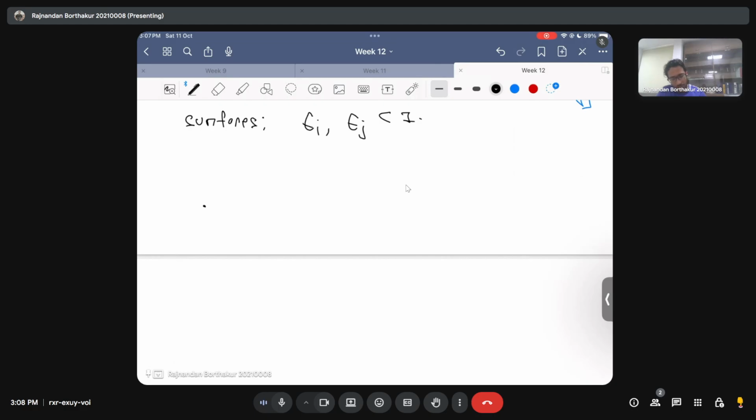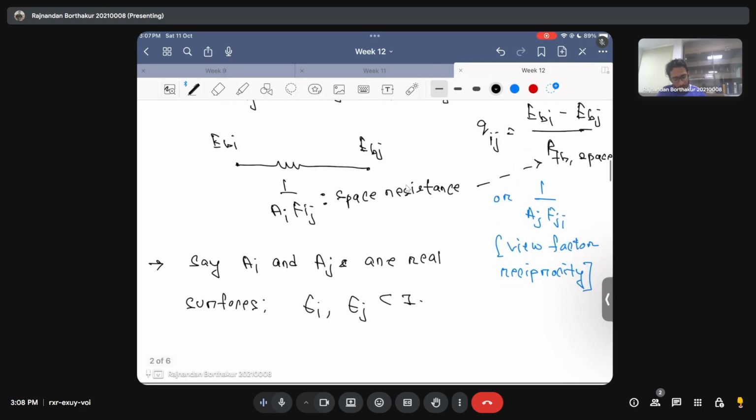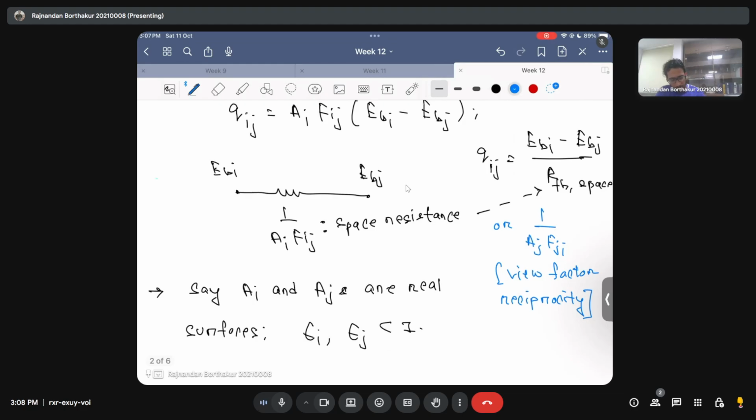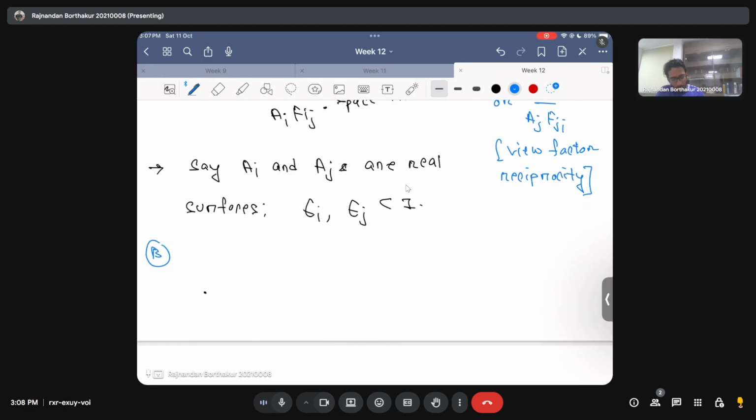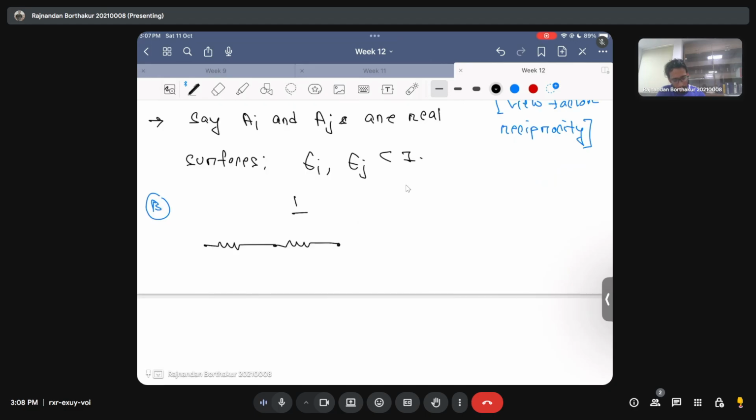So now the radiation network which we draw, for instance, if A is the radiation network for black bodies, had these been real bodies, we will now need to incorporate two extra resistances. So the space resistance will still be there, which is equal to 1 by AI times Fij.